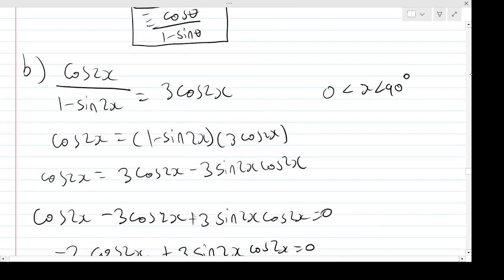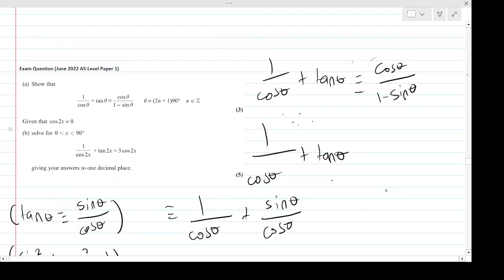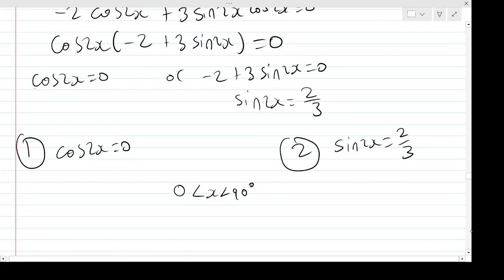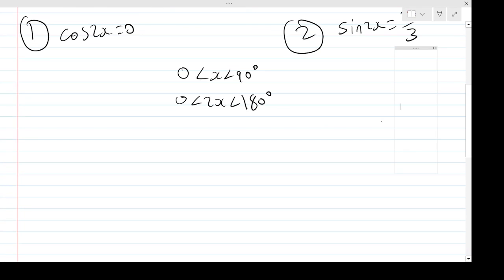The question told me up here that's our interval for x. We need to adjust for that, don't we, because we have a 2x in our angles here, not x. So if we just double everything, we get 0 to 180 for 2x. Okay, so we've got our interval.